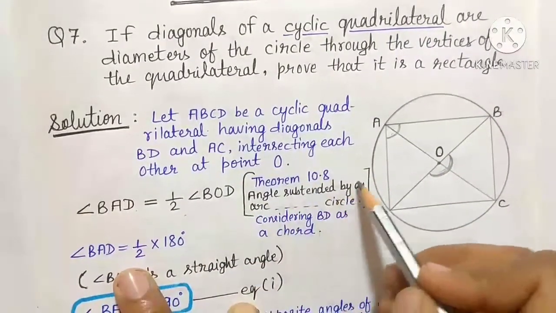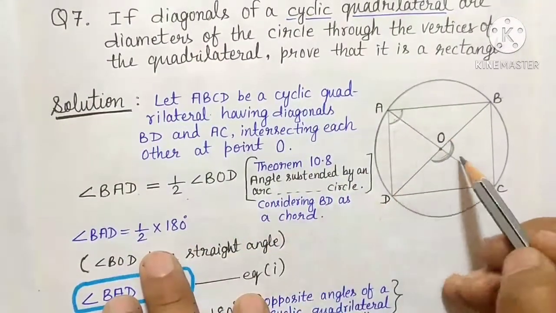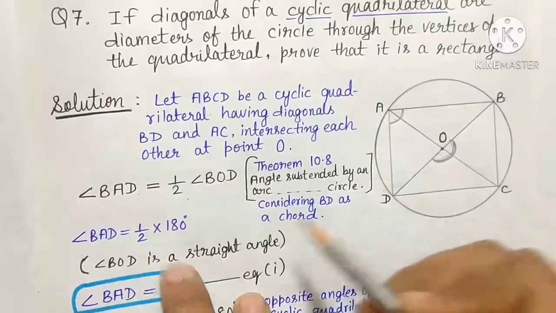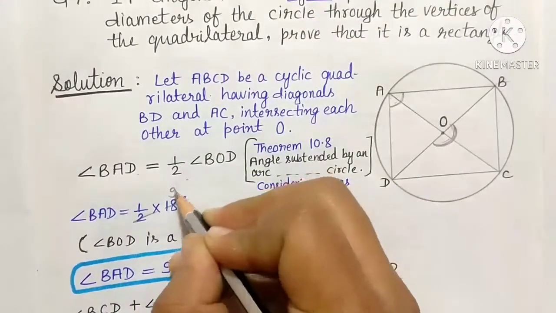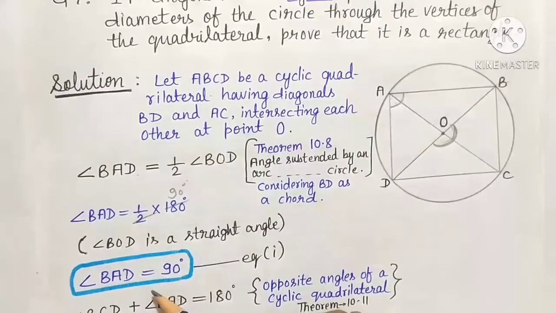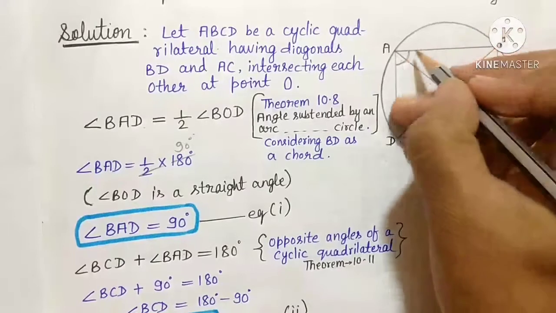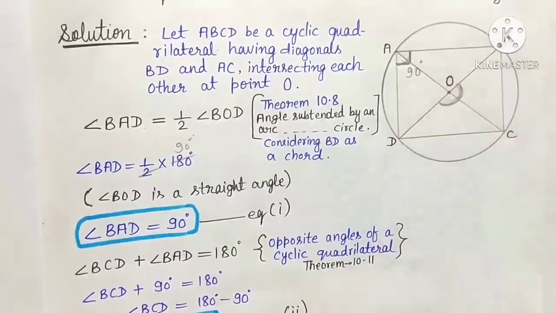Angle BOD is a straight angle, which means 180 degrees. So angle BAD is half of 180, which means 90 degrees. So angle BAD comes to 90 degrees.